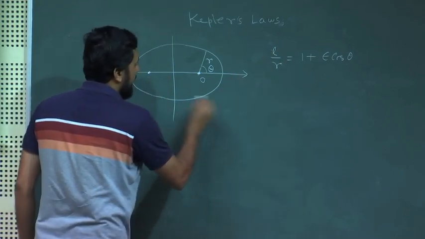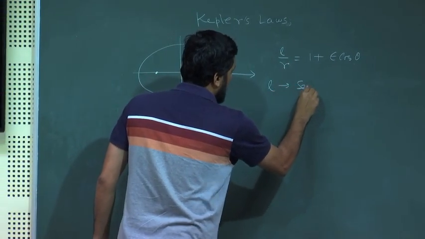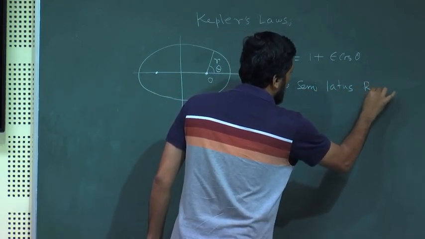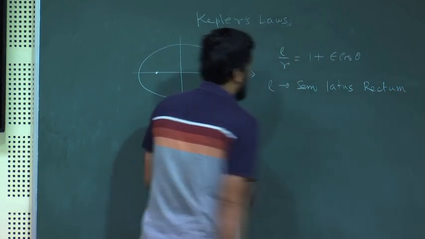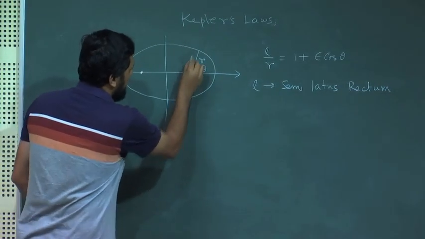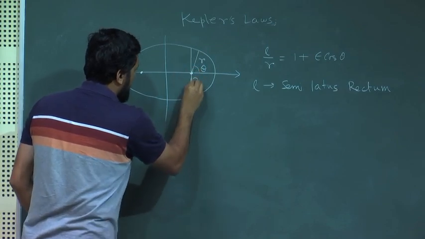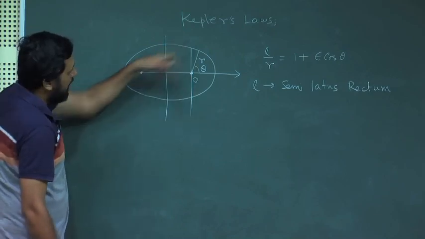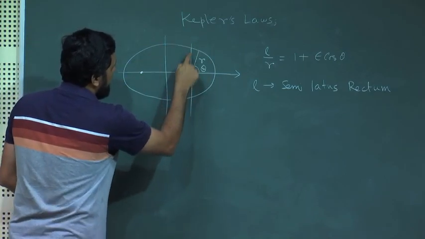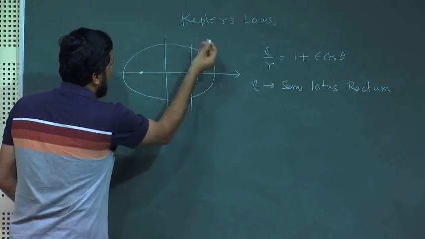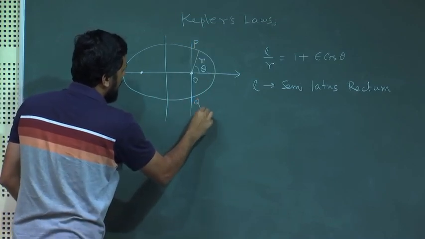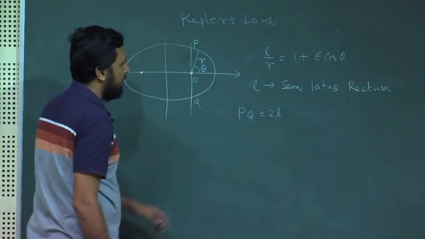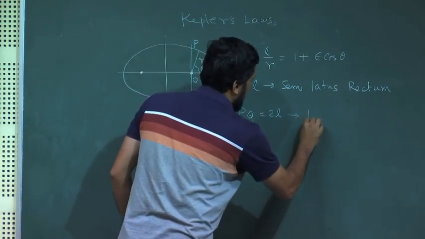What is L? L is called the semi-latus rectum, and it's the perpendicular that could be drawn through the focus, and it will cut the ellipse at two points, let us say P and Q. So length PQ is equal to twice L. This entire length PQ is called the latus rectum.